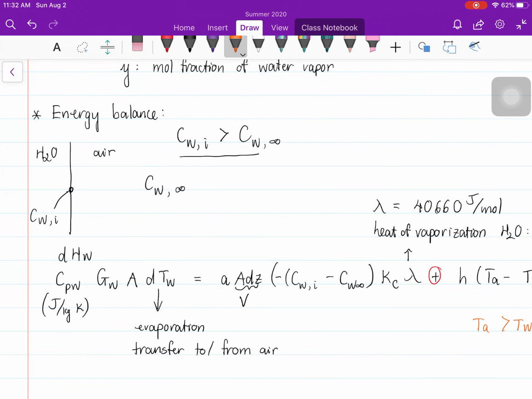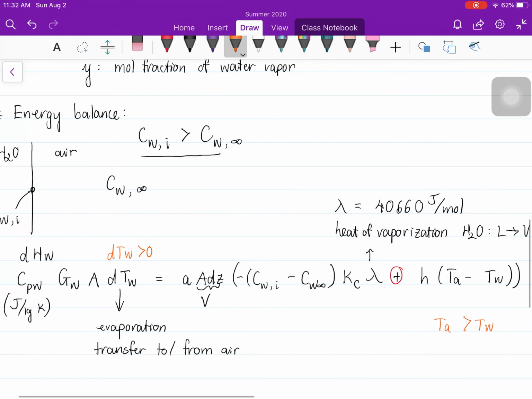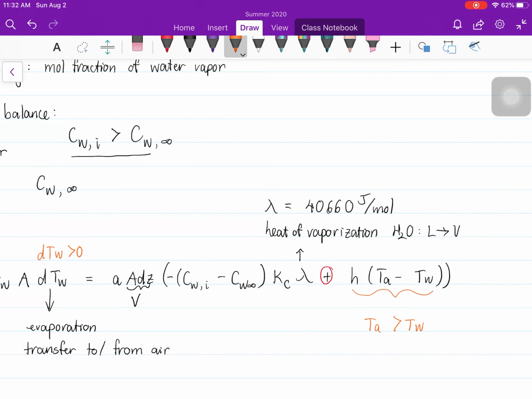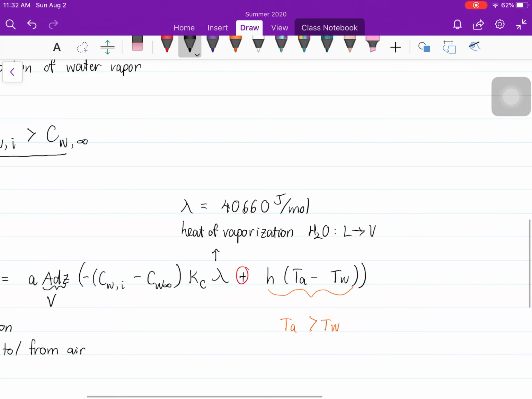So dTw would be a positive number, so the left-hand side is a positive number, and this portion is also positive, so it makes sense, therefore it should be a positive sign right there. So this is what we have so far, and I will call this equation number 1.